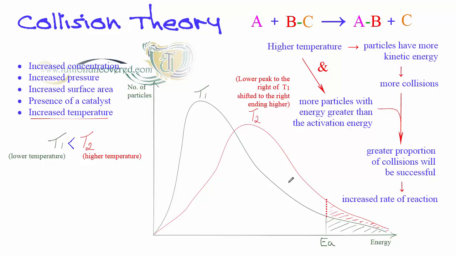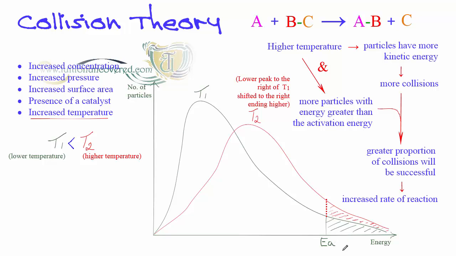The area under the curve stays the same because the number of particles hasn't changed. And when I do my Boltzmann distribution video, you've either seen this or you're about to see the details of this Boltzmann distribution curve. But for now, I'm just summarizing T2, why it looks the way it does. Because of the way it ends at a higher level than T1, we now have extra particles with energy greater than the activation energy shown in red.